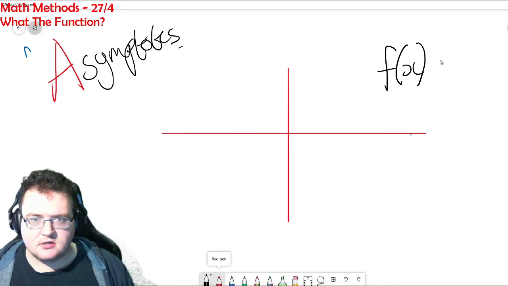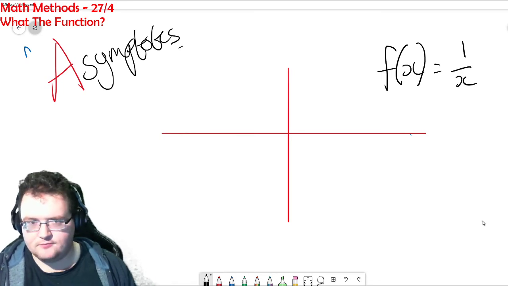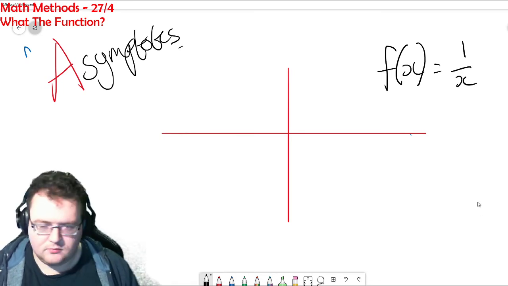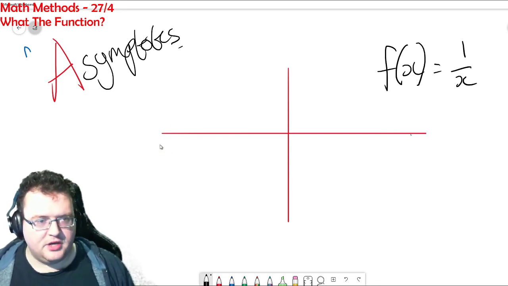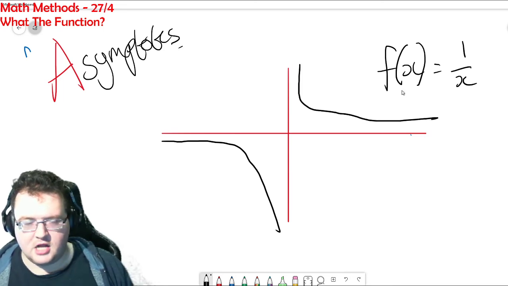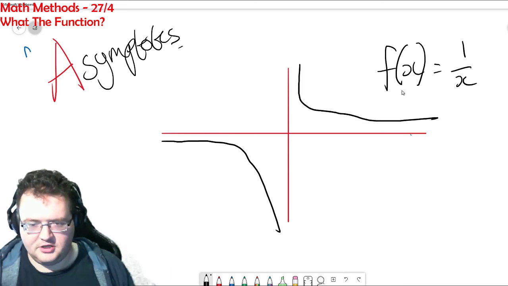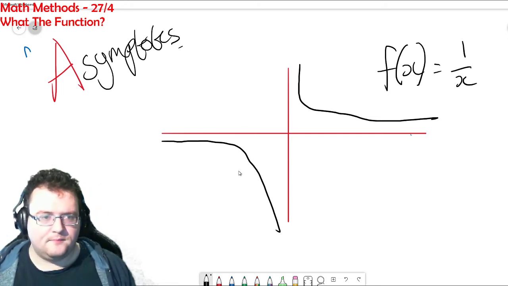f of x is equal to 1 on x. What does that graph look like? Well, hard for you guys to write in chat, but for example, we know that it looks like this, kinda, but I can't draw because I'm still learning how to use my tablet. All right.